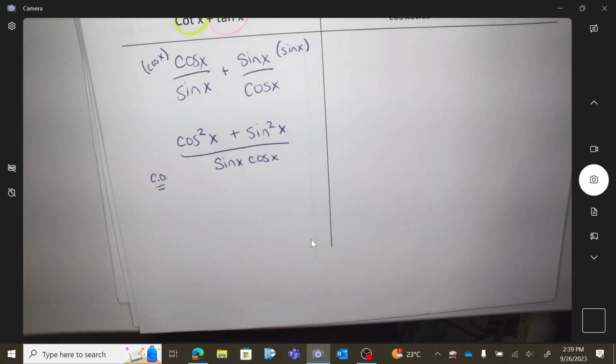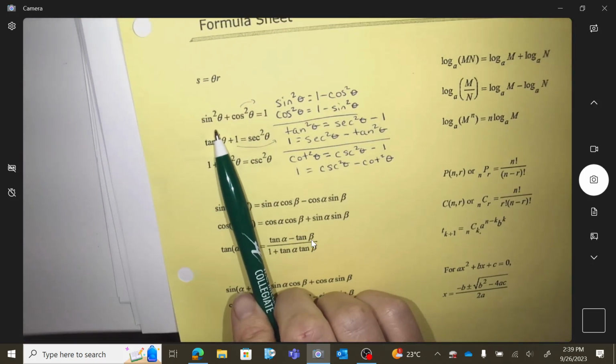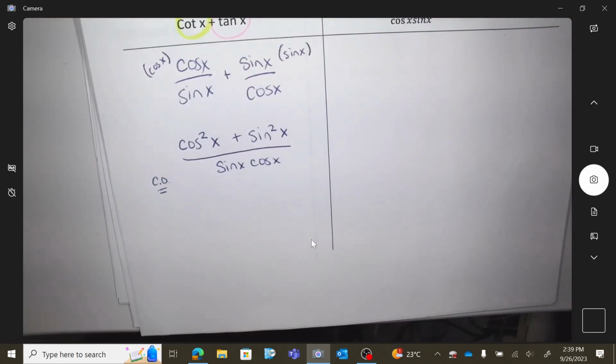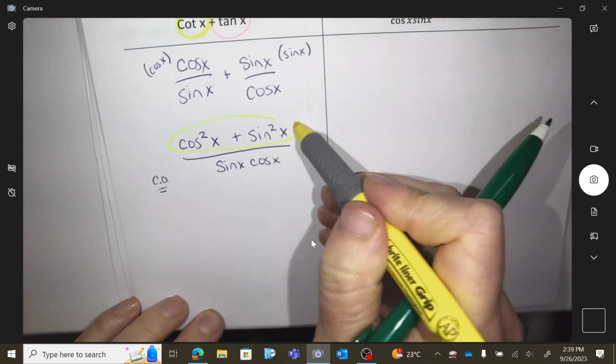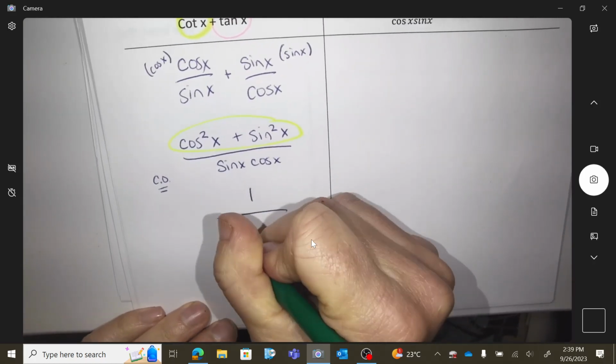Okay. Does anybody see anything, and it's formula sheet related? You see it, Locke? Sine squared plus cos squared equals 1. Sine squared plus cos squared equals 1, which means I can replace that with 1 because my formula sheet told me I could.